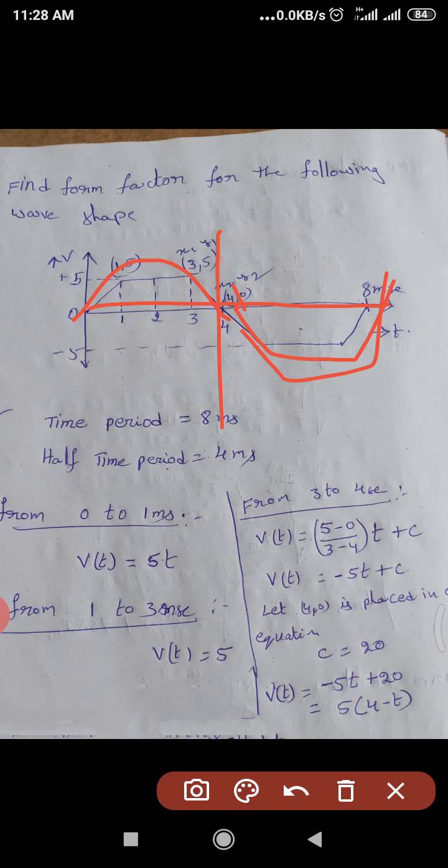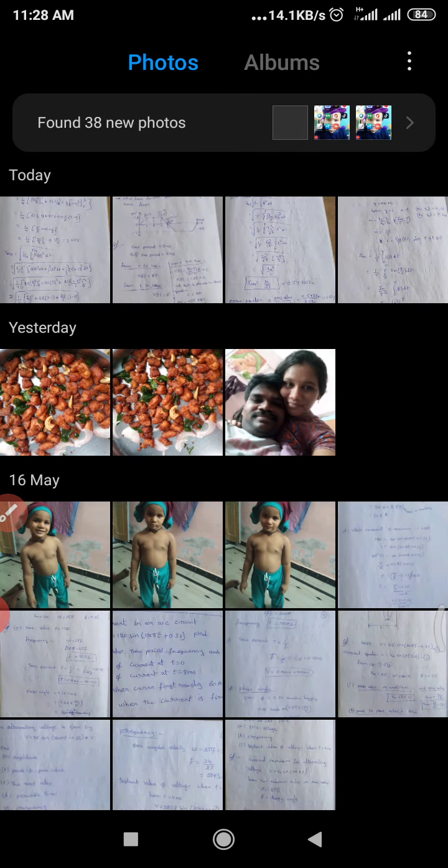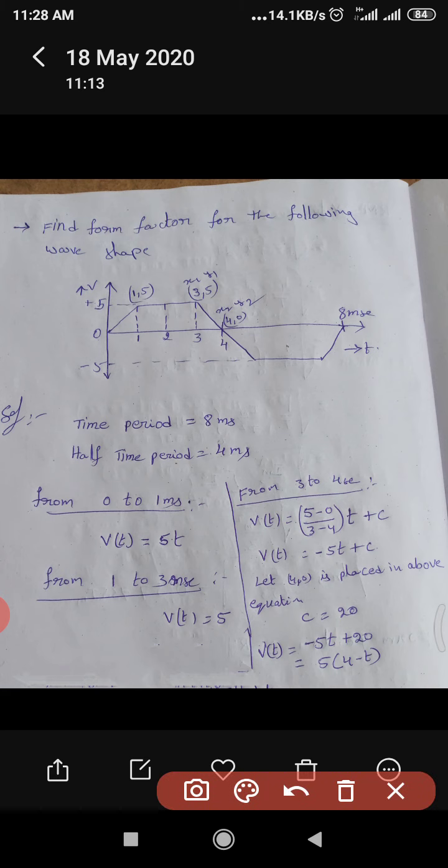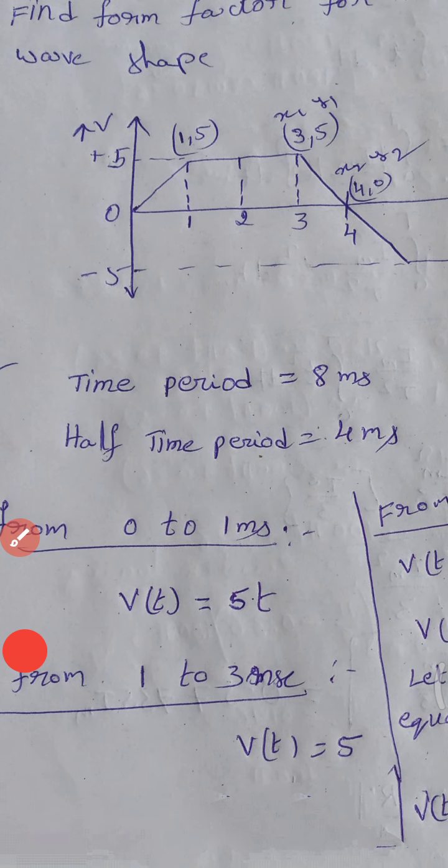That means the overall average becomes 0. So to overcome this problem, we find only the average value for the half cycle. Okay? So now we are going to calculate the average value for the half cycle only.